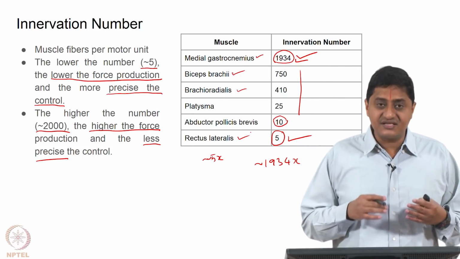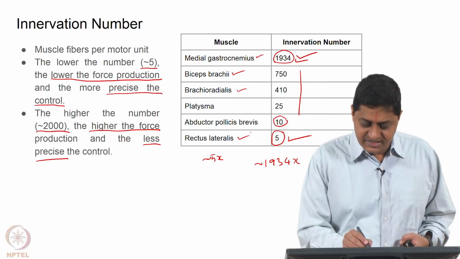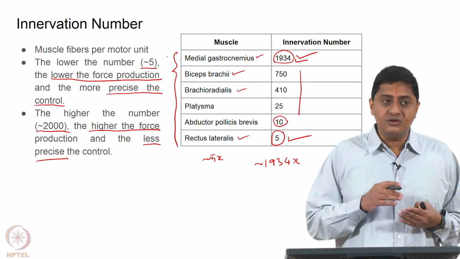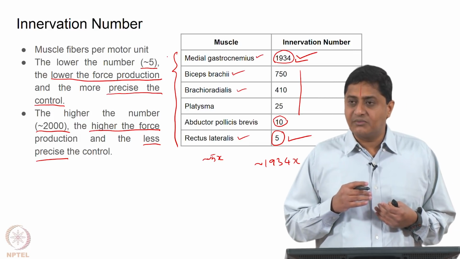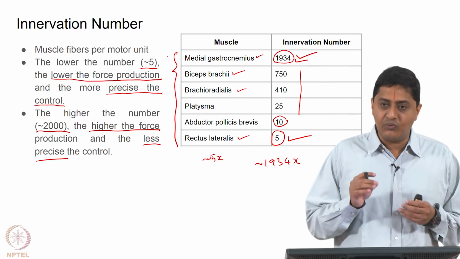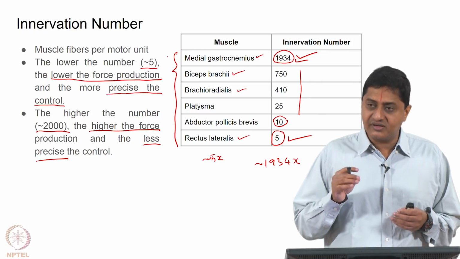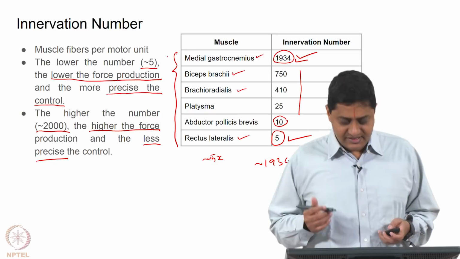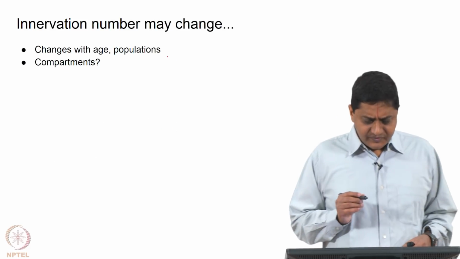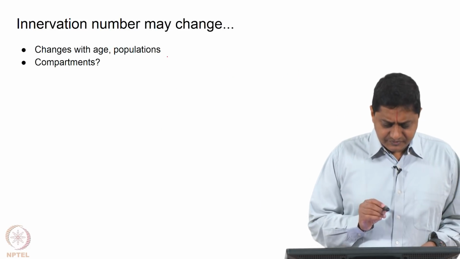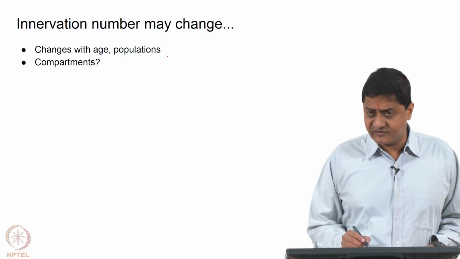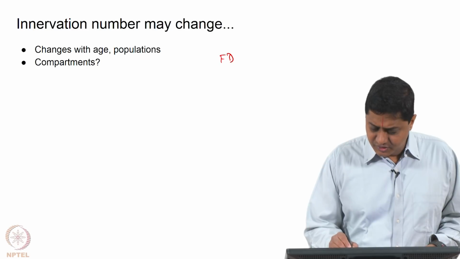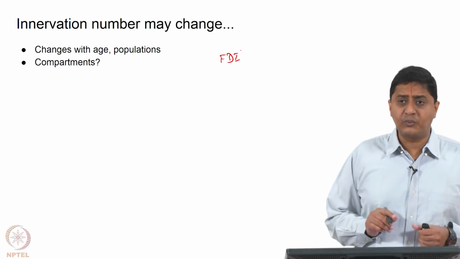So, this means that there is a variability between muscles, this is the between muscle case. There is also a variability of the innervation number within the muscle. If I take one muscle, the innervation number starts from a small number and can be very large. Let us take an example. Innervation number may change. Let us take the example of, say, I like this example, it is related to our research what we do.